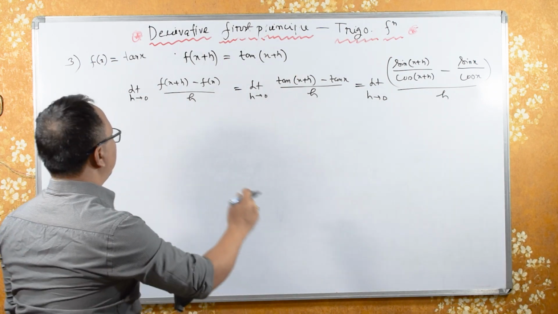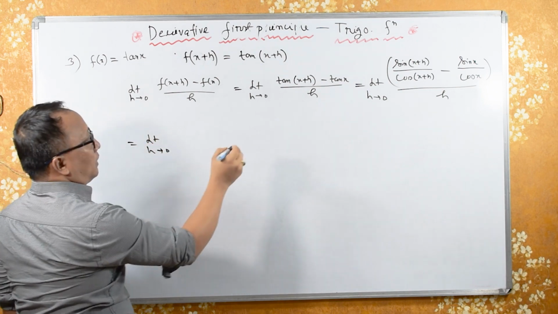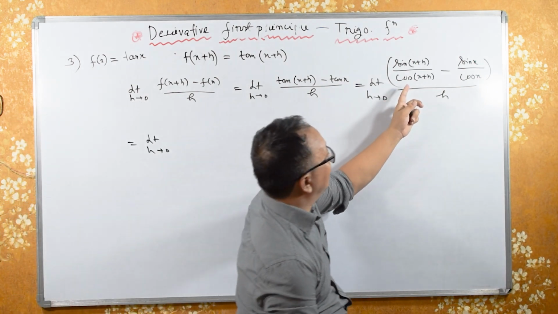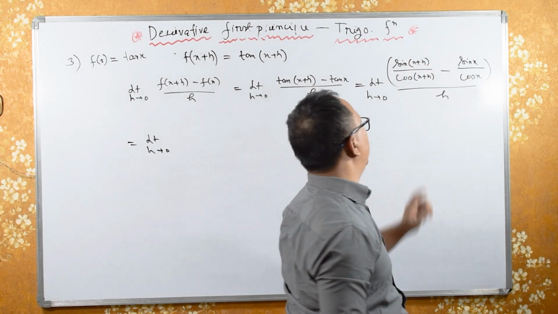Let's take LCM. Limit of h tends to 0. If we take LCM, this and this will cross multiply, and this and this will cross multiply.